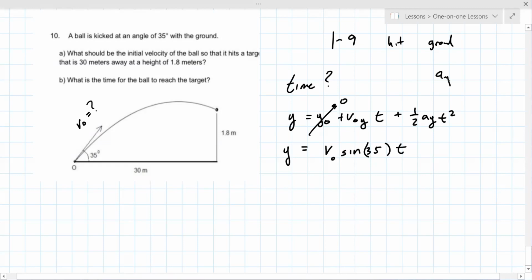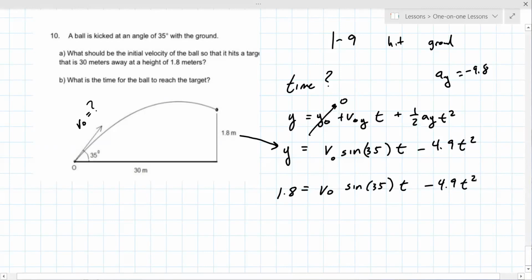We know that acceleration in the y direction is minus 9.8, so this becomes minus 4.9 t squared. We also know y is not 0 this time. This is the y value. So y is 1.8. So we have 1.8 equals v0 sine 35 t minus 4.9 t squared.